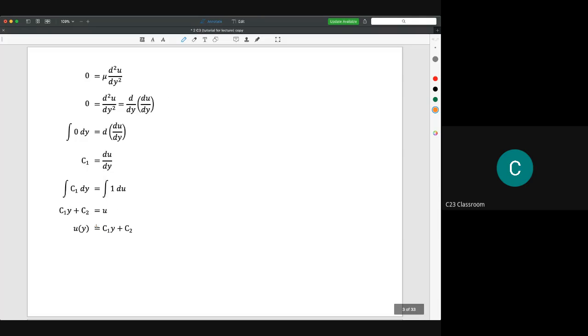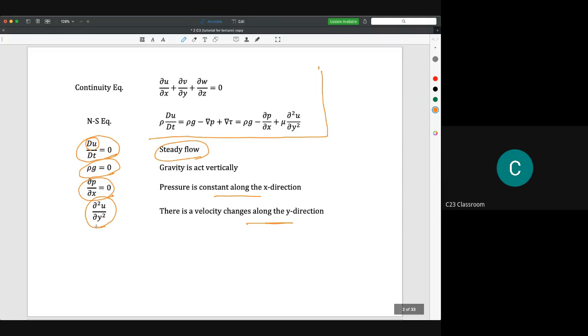So I think by having this one, we have rho Du/Dt equal to 0, and the gravity is equal to 0, and the pressure gradient is also equal to 0. And this is the nabla tau.